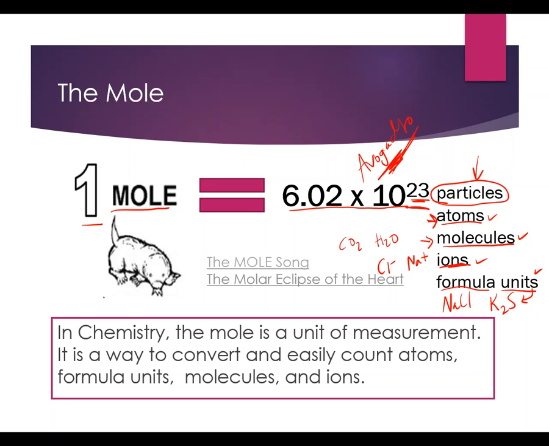But we have to be able to use Avogadro's number and the mole, and there's other things that equal a mole too, which we'll get to later. But we're going to start here with our one-step conversions, our one-step dimensional analysis involving Avogadro's number, which is the particle number.